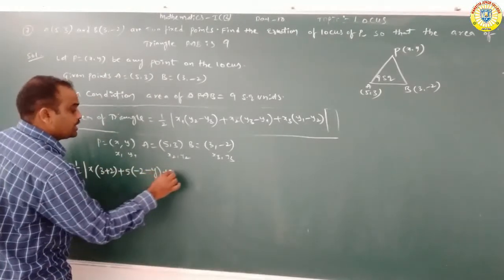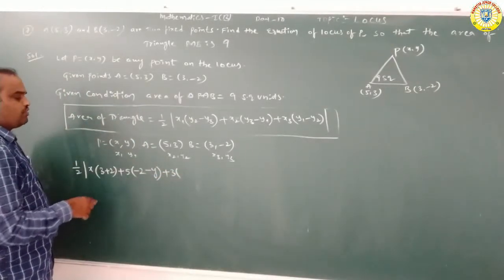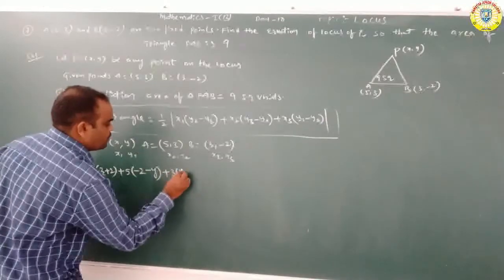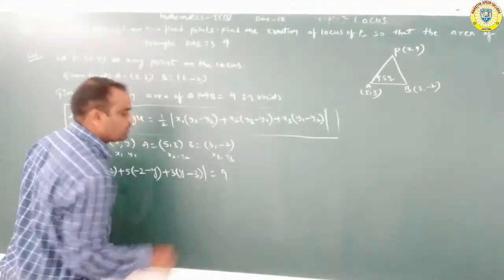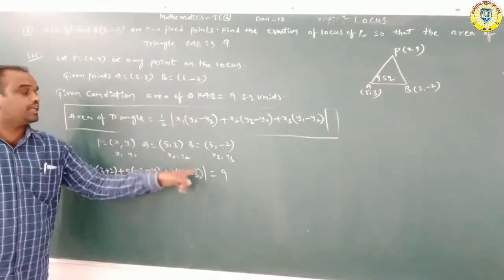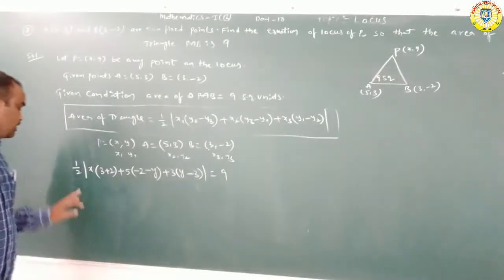Plus x3, which is 3, times (y1 minus y2): y minus 3. Now this is equal to 9. The area is given as 9, that's why we take 9 on the right side.